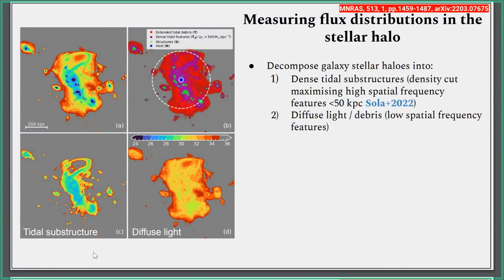We use a structure finder to remove the galaxies. So in the simulation, we use a structure finder to remove the actual galaxies. So that's like particles that are bound or something like that. Yes, in phase space.